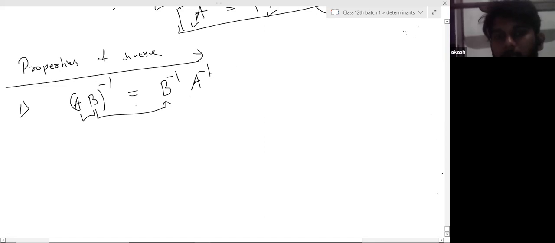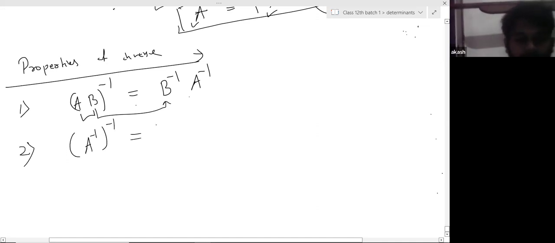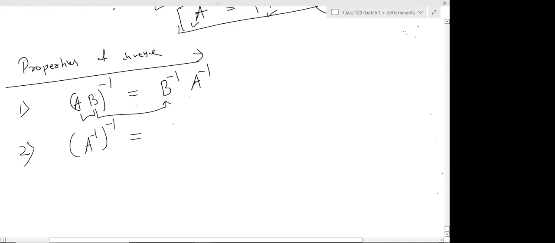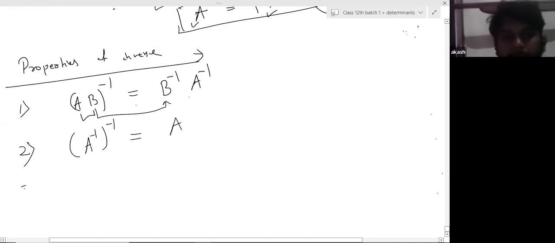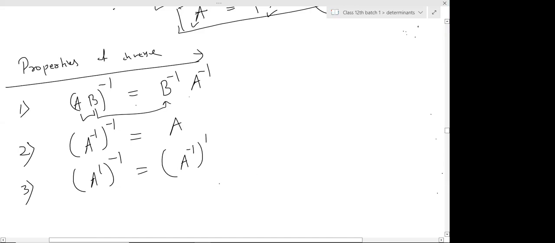We know that in matrix multiplication, order is very important. Inverse of A inverse. What would this become? A. Absolutely right. A transpose inverse would be equal to A inverse transpose. Yes, sir. All right. Note it down, everyone.